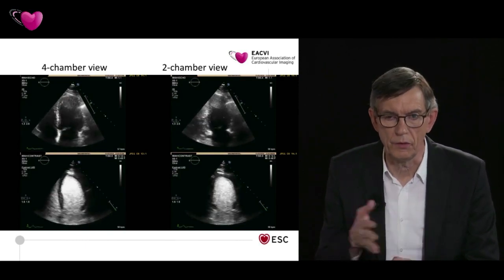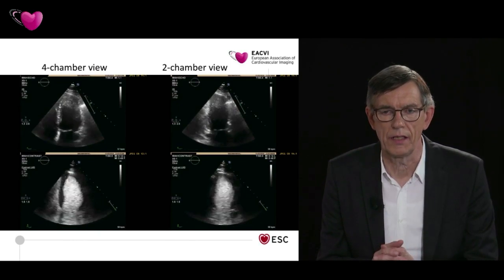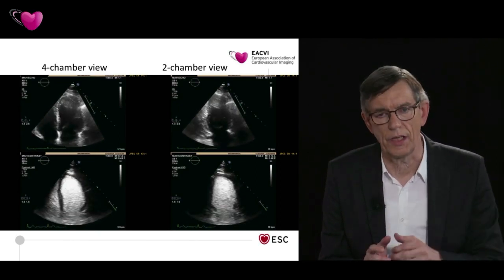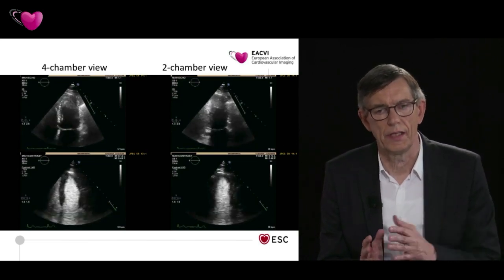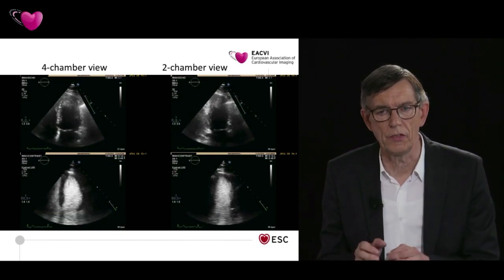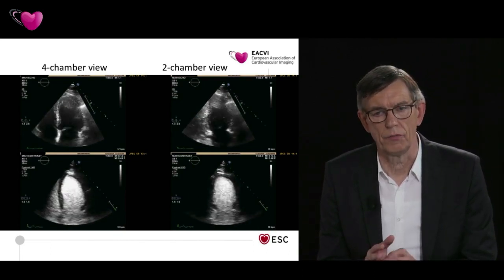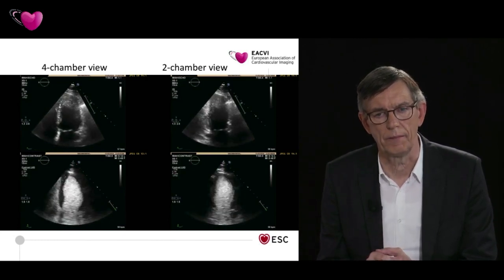We can do it during the exam or we can do it offline, and then we make a semi-quantitative assessment by judging this ejection fraction, for example, as being normal. And in our institution, we then give a range and say this is probably more than 65 to 70. It's a very good dynamic left ventricle.